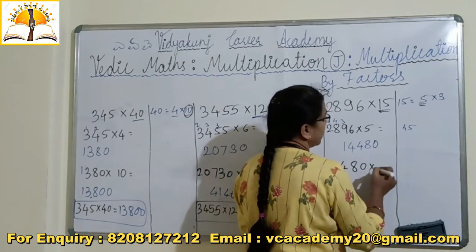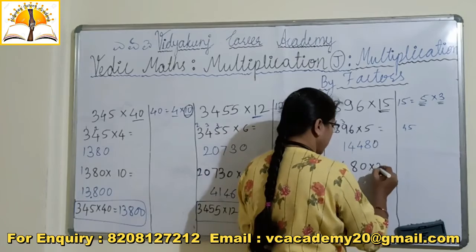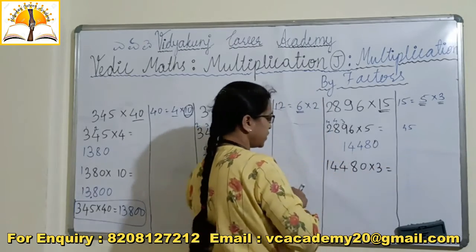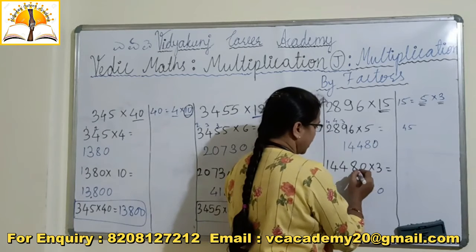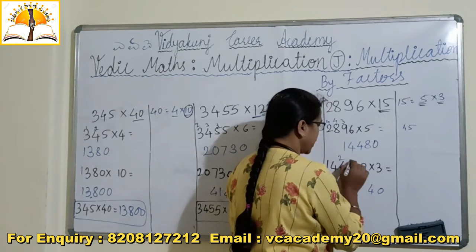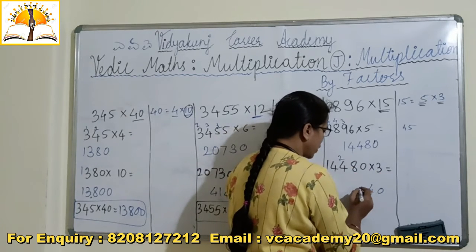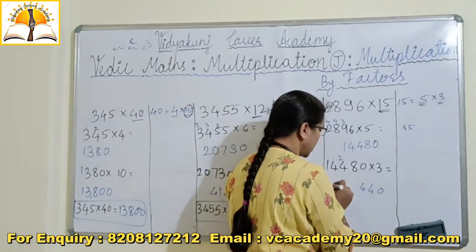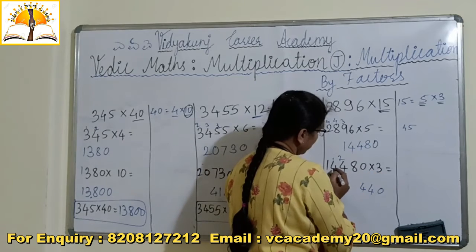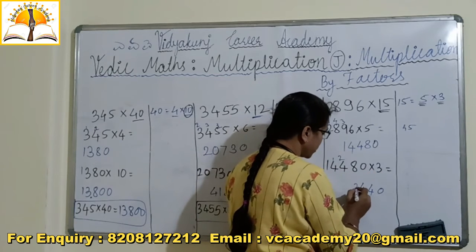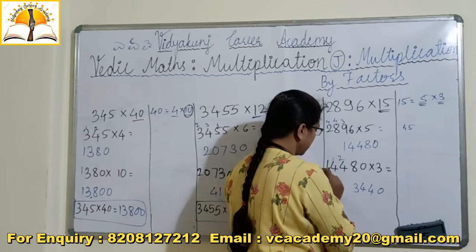I have to multiply by the next factor. What is that? 3. See here. 3 8s are 24, 2 carry. 3 4s are 12, 12 plus 2, 14, 1 carry. Next, 3 4s are 12, 12 plus 1, 13, 1 carry.